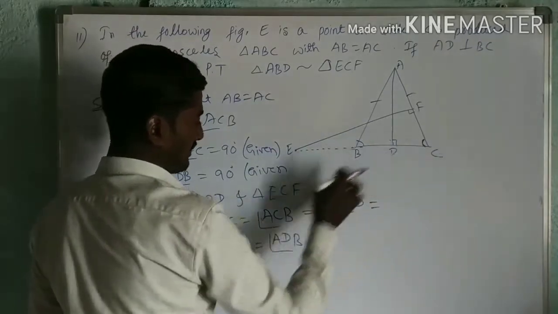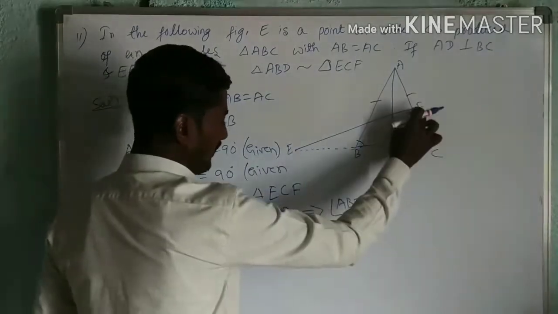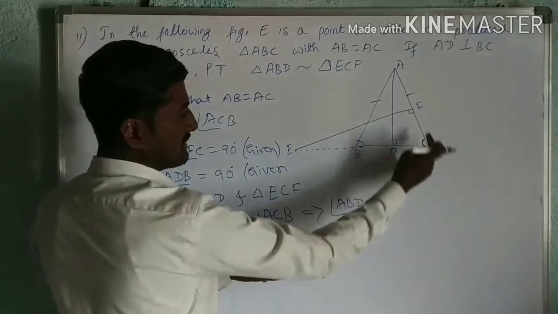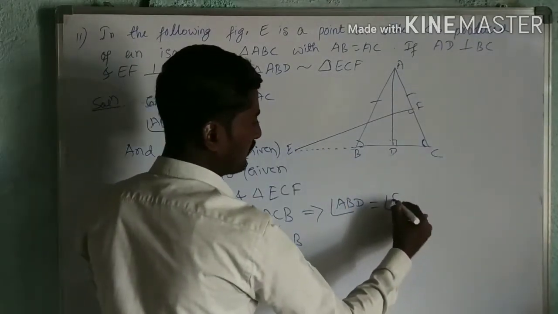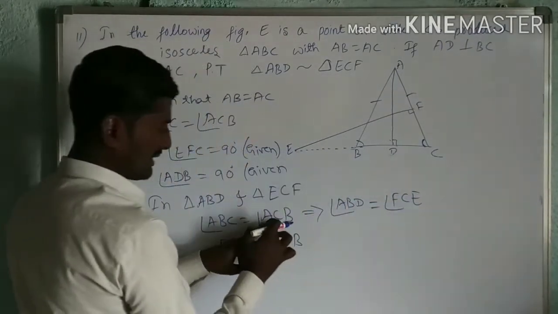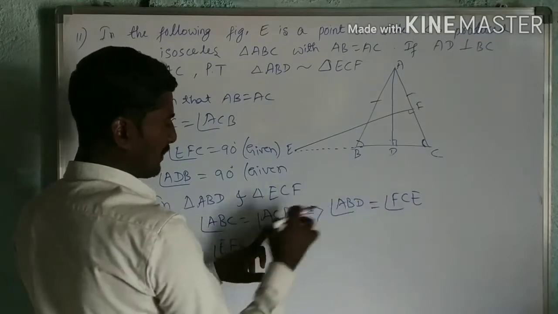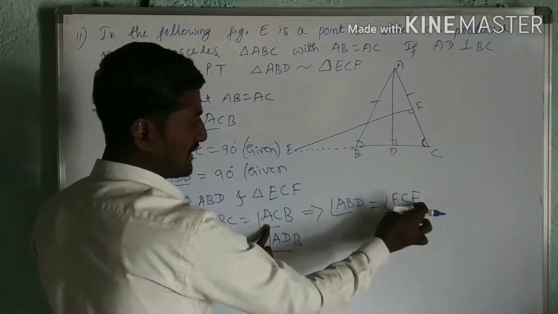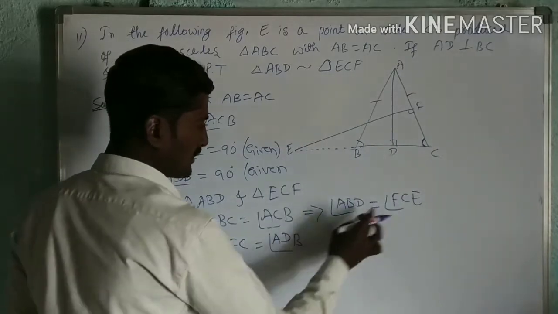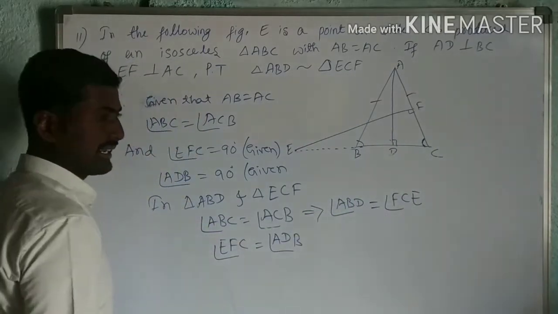For triangle ECF, angle ACB can be written as angle FCE, because ACB is nothing but this angle, and FCE is also this angle. So the AA similarity criterion I can apply.